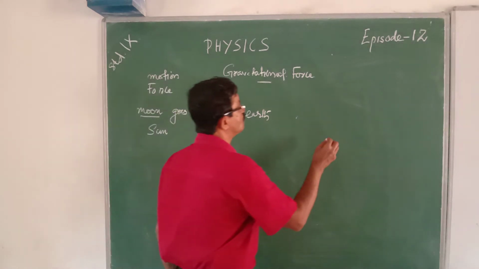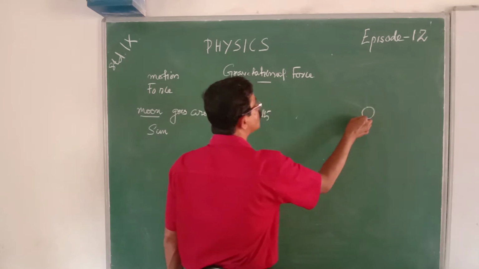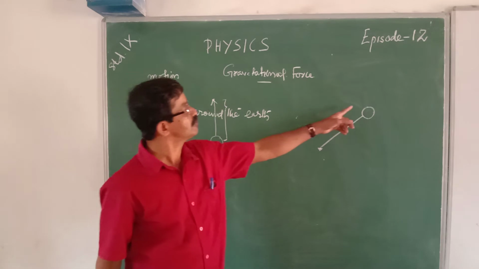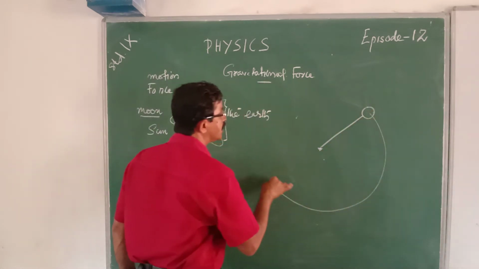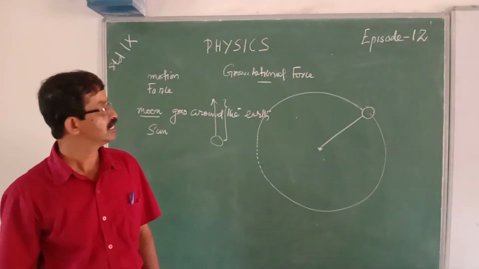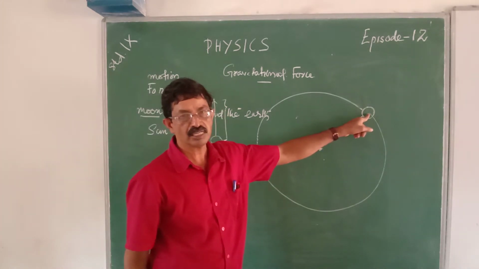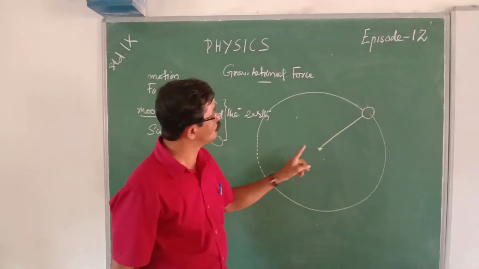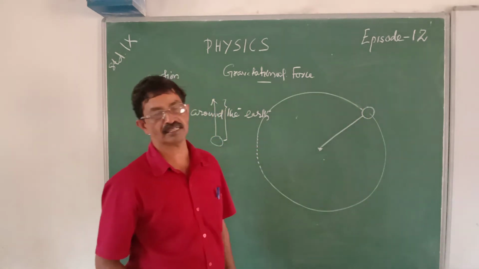Let us discuss, suppose a stone tied to a string, and this stone is reeled, that means it moves in a circular form. For the motion of this stone, there is a force that keeps this stone in this circular path.